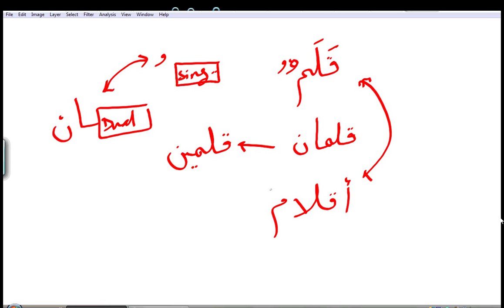In this kind of plural, we just add dhamma. But there are different kinds of words that have different forms of plural, and they would have a different equivalent for the dhamma.